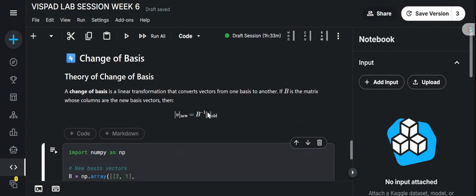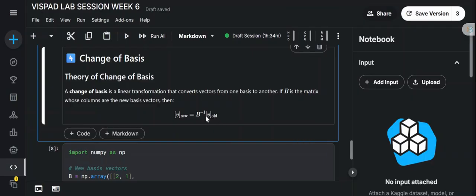So these are the old vectors. So V old is the old vector, and B is the matrix of the vectors which are the basis of a particular vector space. So ideally you are changing the vector space which is spanned by a particular basis of vectors.